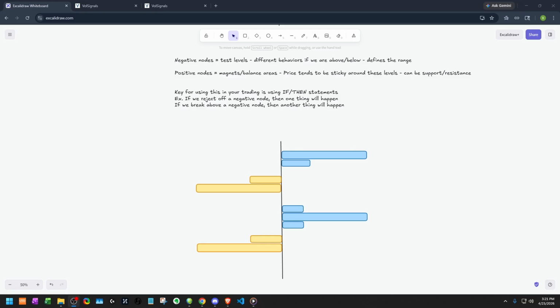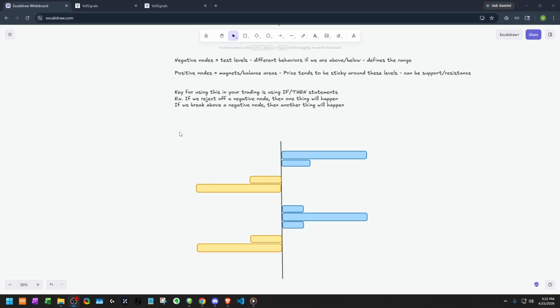So the next thing I want to go over is the positioning itself and the structure and the different types of patterns, I guess you could call it, that show up in the profile. So basically, how I like to think about it is negative nodes are test levels. There's different behaviors if we are above or below them. And these, for me, define the range that we could trade in.